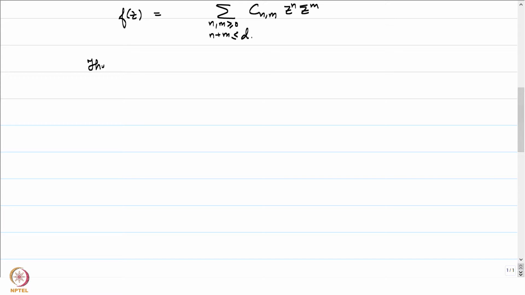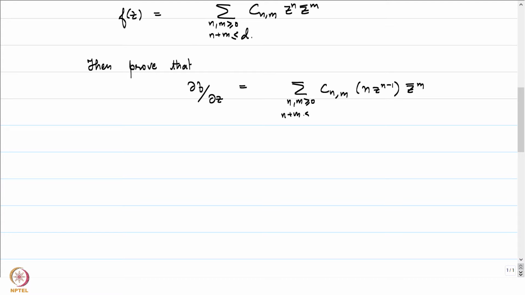So, let me write down the statement, then prove that dou f by dou z is equal to the summation of c n m into n into z to the power n minus 1 z bar to the power m, where n, m both are greater than or equal to 0 and n plus m is less than or equal to d.